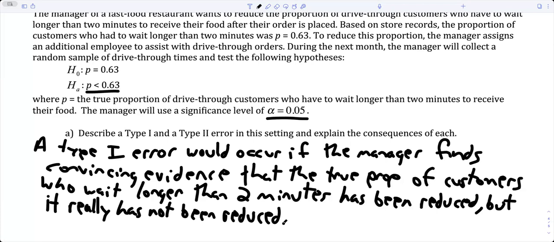Okay, so if I make a type 1 error in this context, I believe I'm rejecting the null hypothesis, but the null hypothesis really is true. So I reject the fact that it is 0.63. So I believe that it has been reduced, but it really has not. So what is a consequence of that? I'm paying an extra employee money to reduce the wait time, but it is not effective.